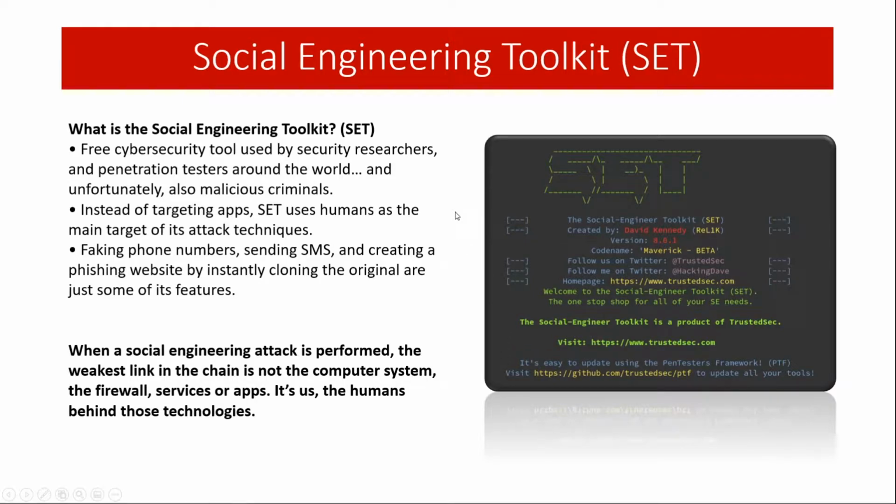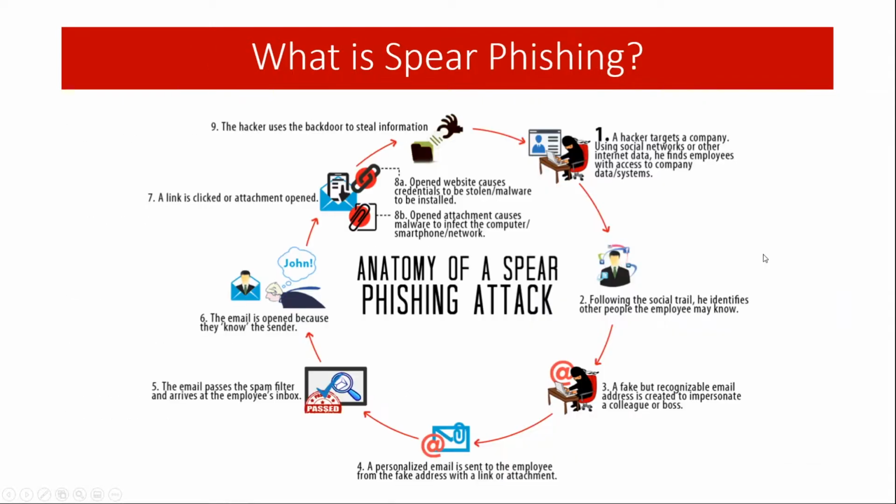When a social engineering attack is performed, the weakest link in the chain is not the computer system or the firewall or services or apps, but the humans behind those technologies. So it's not hacking computers, but hacking humans and the human element.